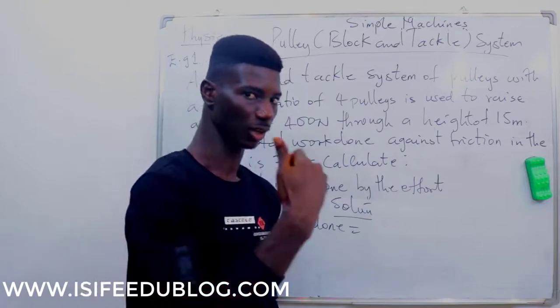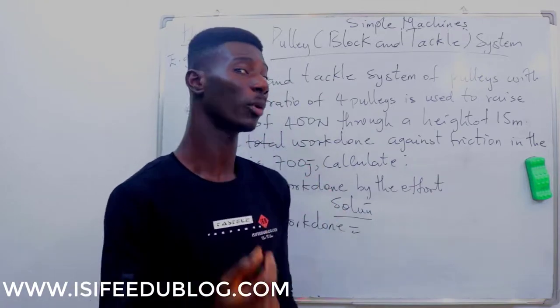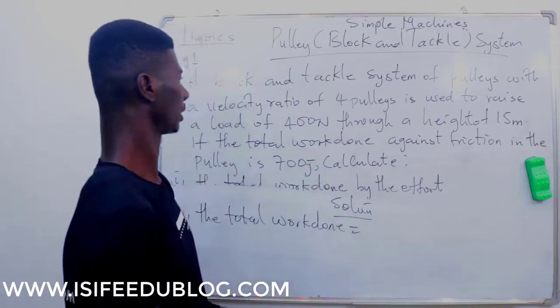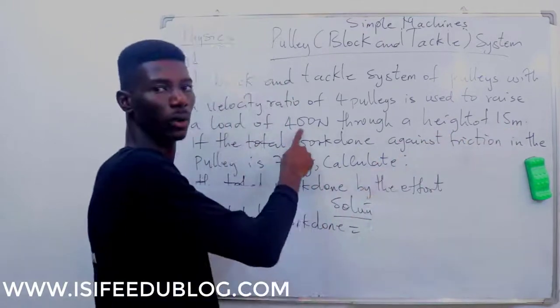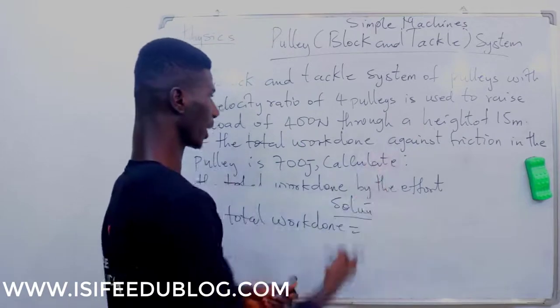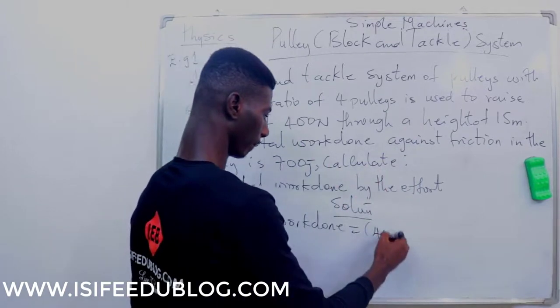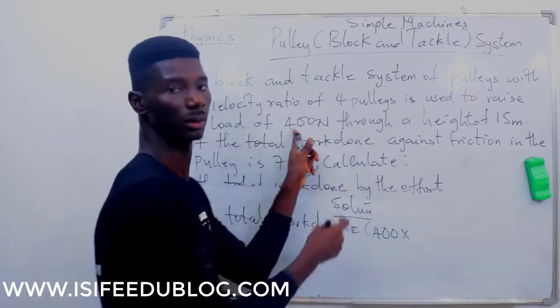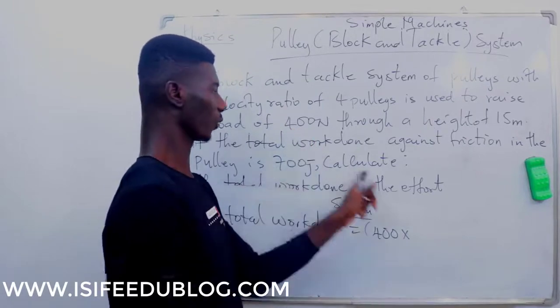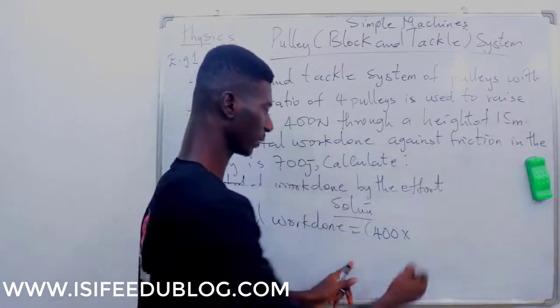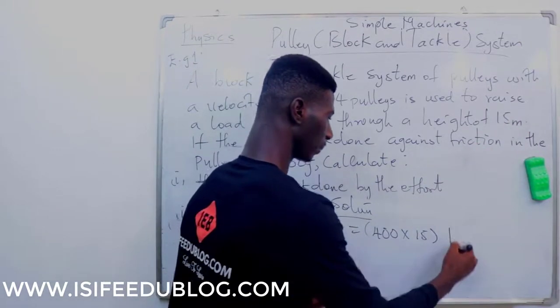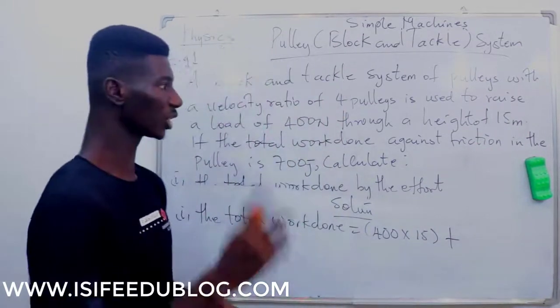The height covered was 15, and work is force times distance. So we have 400 times 15 meters for you to overcome this particular load. Plus, this is not a perfect machine.